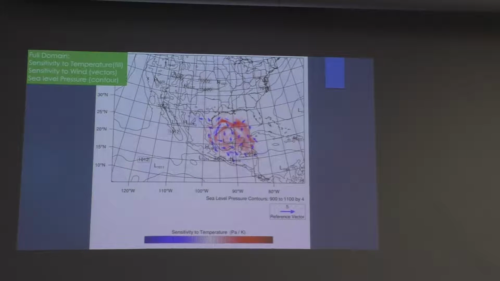To get a quick look at what these sensitivities are, I'll describe them more thoroughly in a second, but just in general, in this case, we found that the sensitivities are really maximized within that area I defined as the near environment of Hurricane Harvey. And this is at the model initial time.